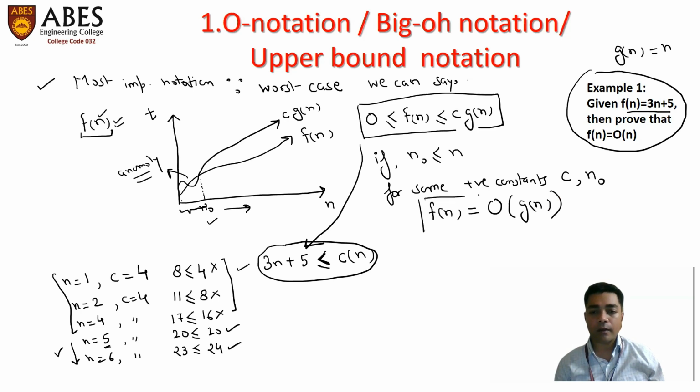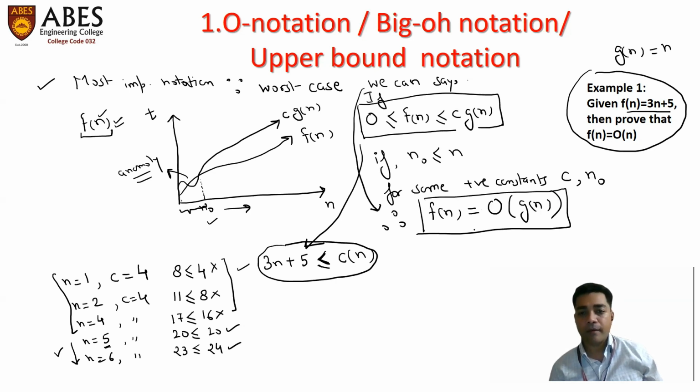Okay, so we can say Fn is equal to O of Gn. So here in this example, Fn is equal to O of Gn. What was Gn? N. So this is the solution.